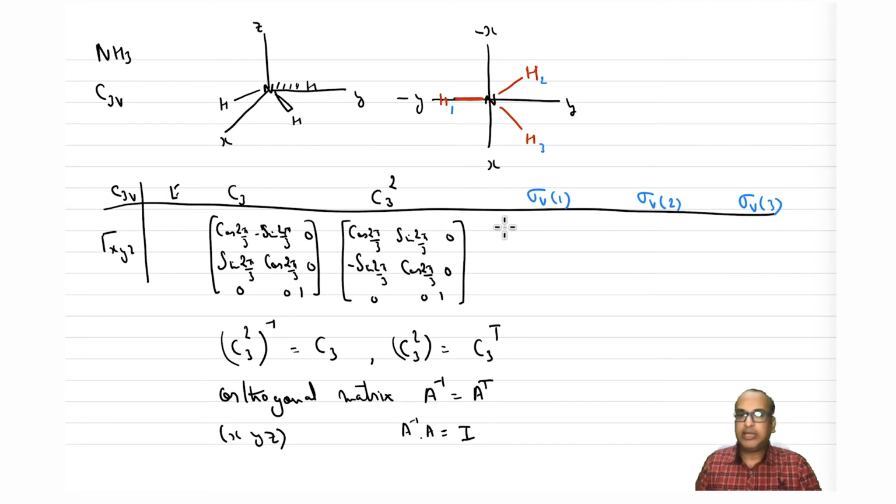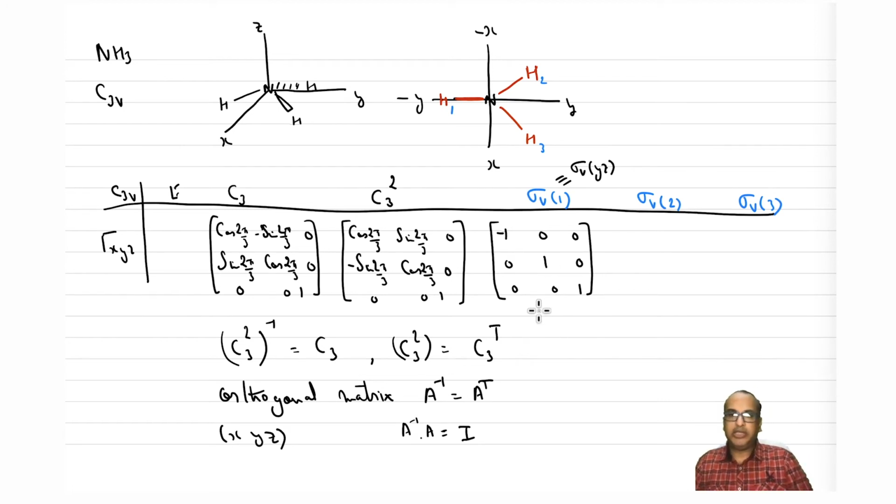Because it is lying along the yz plane, this is equivalent to sigma yz. And we have seen in the case of water how to write for sigma yz. Only x becomes negative and the rest of the elements are the same as E, right? Because y and z do not change in this. So that is again easy.